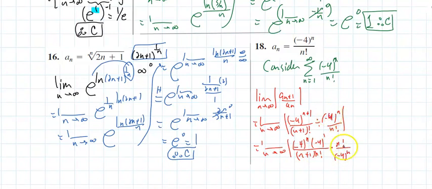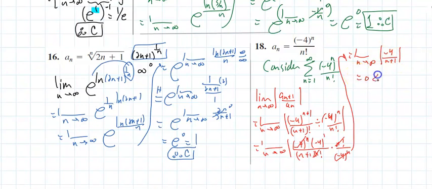That's a 4. This cancels with that, this cancels with that. And I notice that this is the limit as n approaches infinity. I'm going to fix that really quick and make it look nicer. So, wouldn't this be absolute value of negative 4 over n plus 1?